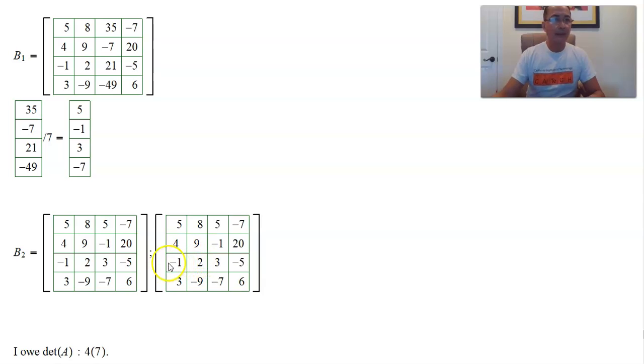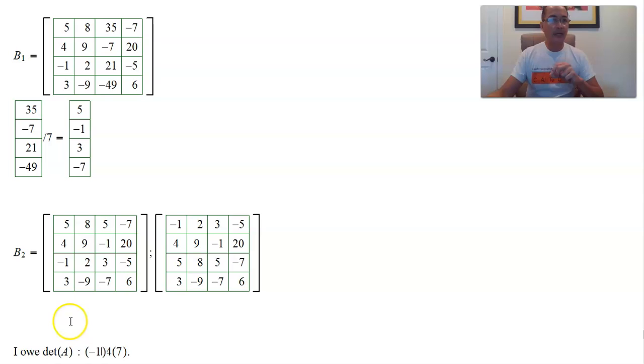I will make a copy and I will put row 3 into row 1, but I can take the original row 1 and put that into row 3. Okay, I did a swap. So therefore, I owe a -1. If I do another swap later, I can just erase that -1.